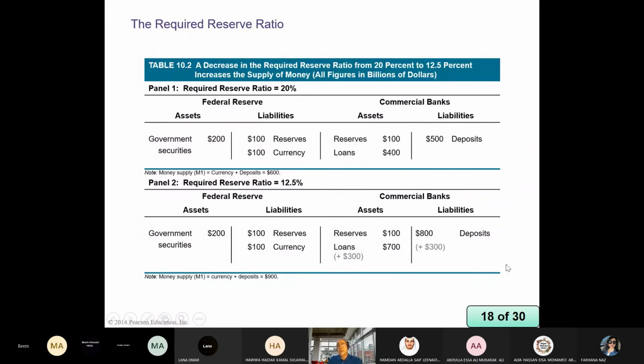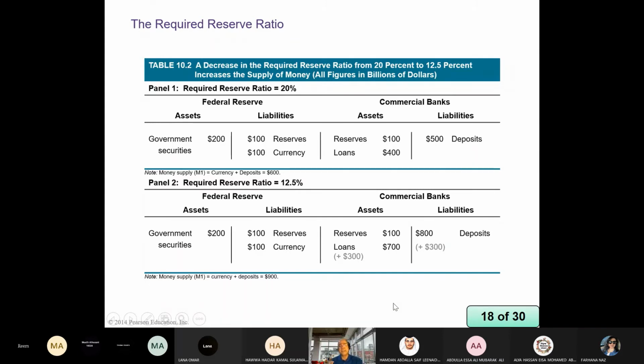Let's calculate the money supply in the first version and in the second version. What is the money supply in the first version? Currency in circulation held by the general public, which is equal to 100, plus demand deposits of 500. So money supply equals 600. So when the central bank decreased the required reserve ratio, that led to an increase in the quantity of money supplied to 900. How does it become 900? Currency in circulation 100 plus deposits of 800.